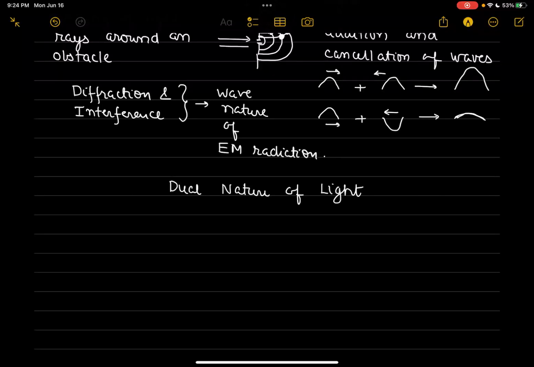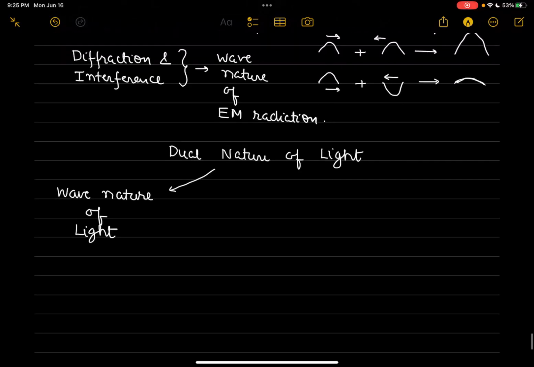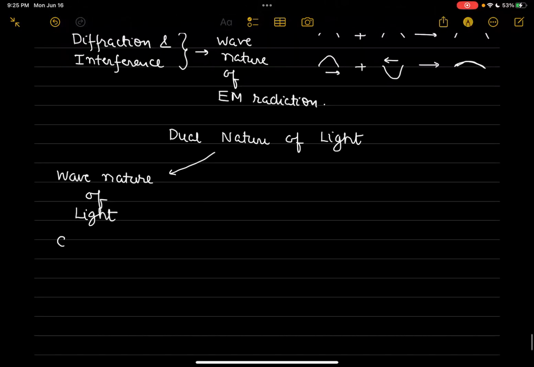We discussed the wave nature, and so c equal to nu lambda, this we already discussed. Yes, sir.